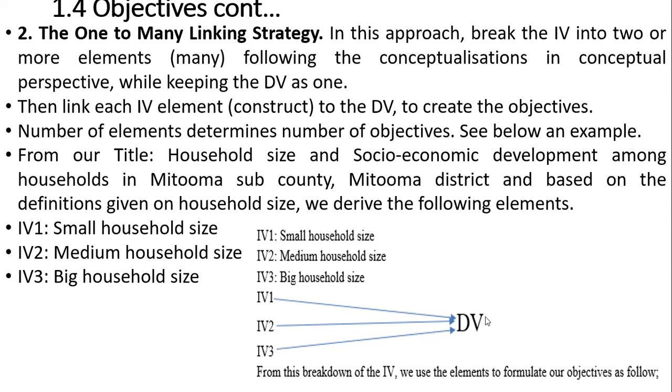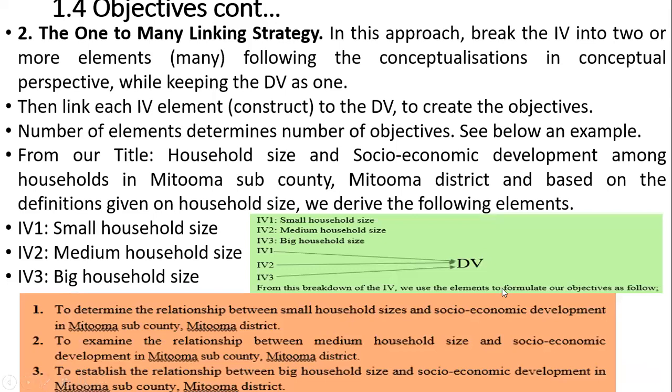So when you go to the next slide, you will see how objectives were formulated from this linkage. And here it is. You can see this. These are three objectives now, because we said the number of objectives will depend on the number of elements of your IV, which you have decided to examine.